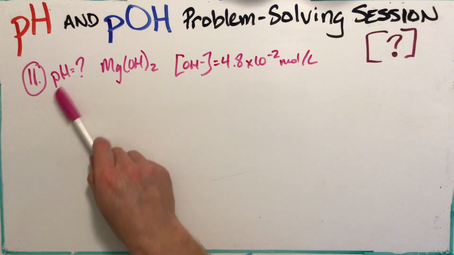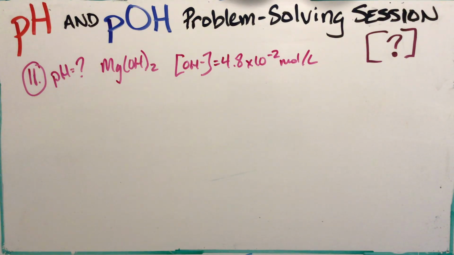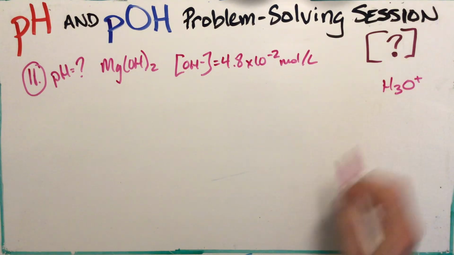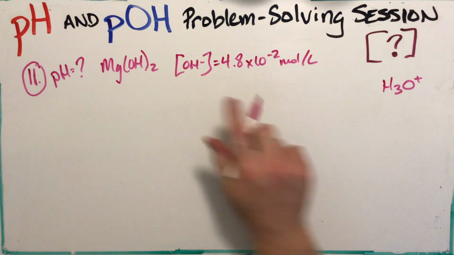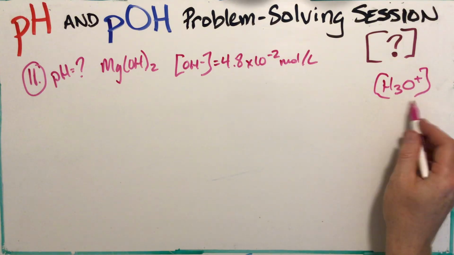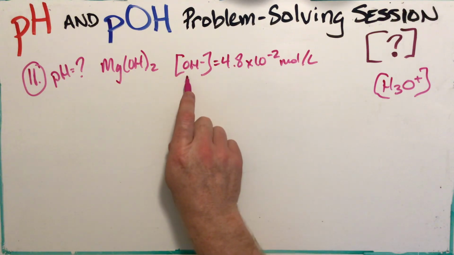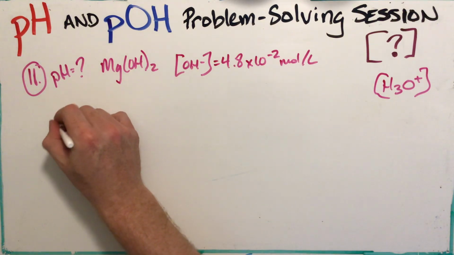All right, I'm looking for pH. Now, pH uses hydronium, right? That hydronium is this thing, right? I wasn't given that. I was given these, right? pH uses this. I was given these. So I can't find pH right away, but I can find pOH. So that's what I'll do.